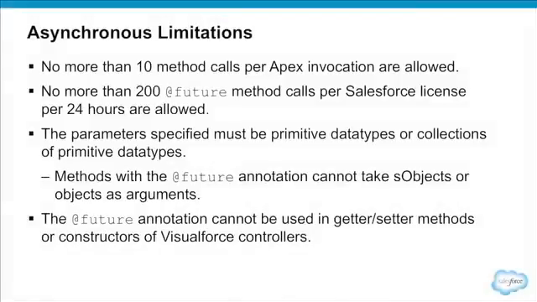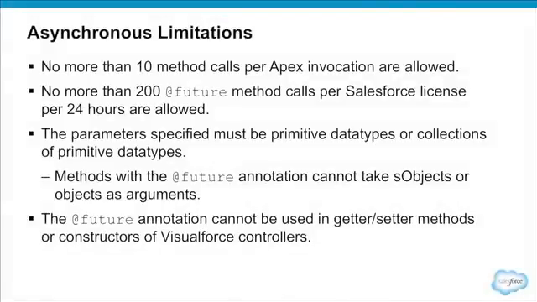Salesforce wants customers to use this, but they don't want them to go too crazy with it, because every time you do one of these, you're essentially creating a separate transaction. I mentioned this previously: when you execute your asynchronous code in that future transaction, it's its own transaction, so it gets its own set of resources that it can utilize during its own execution.